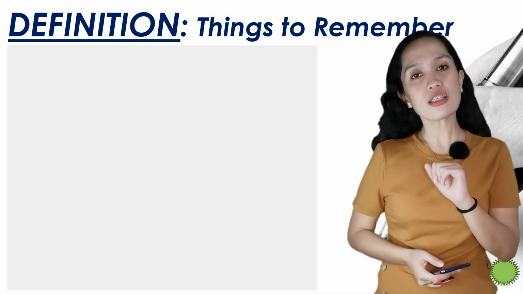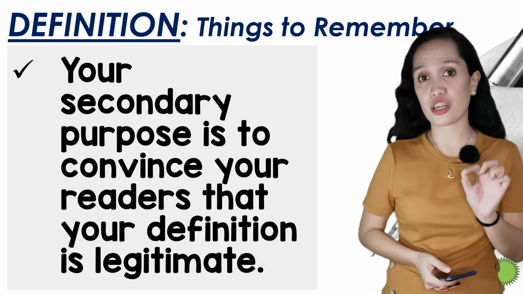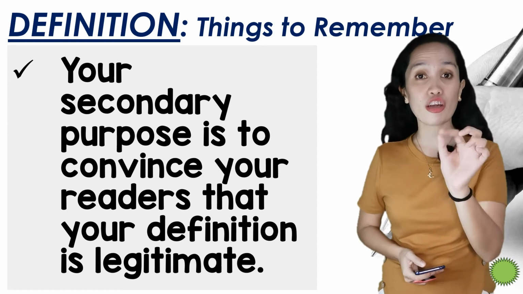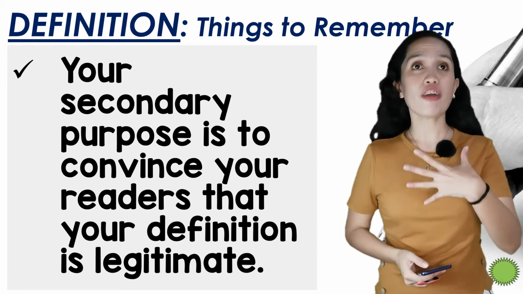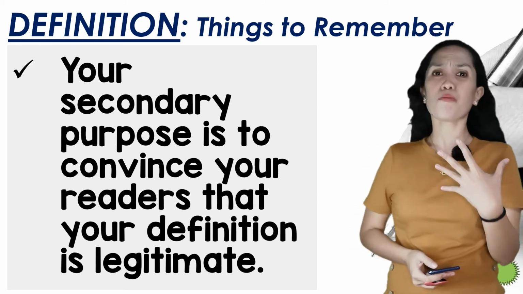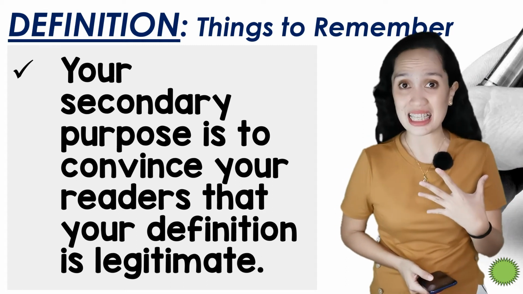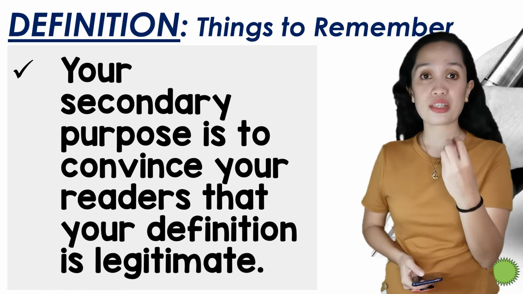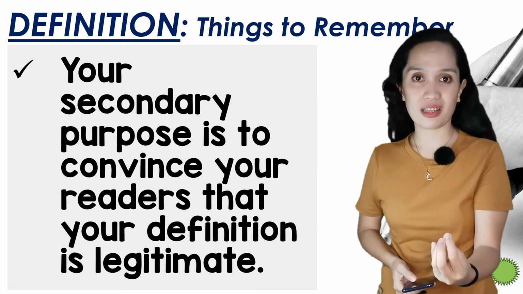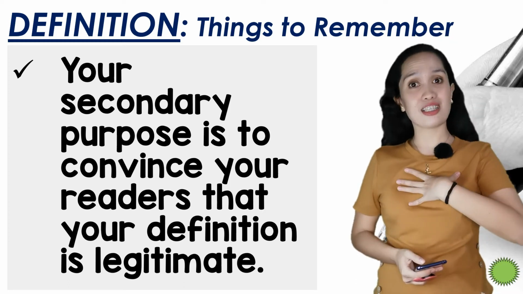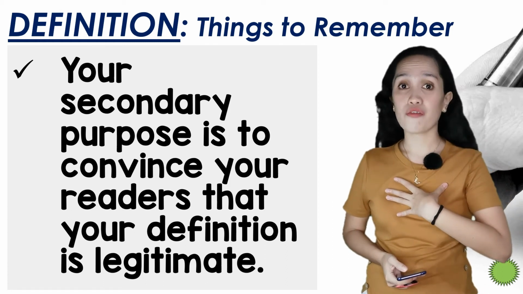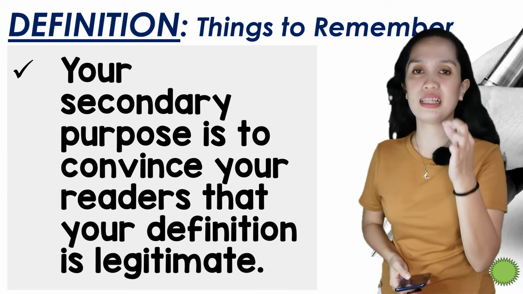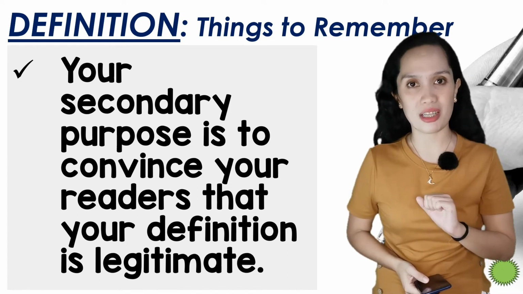Next. Your secondary purpose for definition as a pattern of development in writing is to convince your readers that your definition is legitimate. For example, my definition of love is the ability of a person to stay in a commitment. So that is my definition of love. The ability of a person to keep and stay in a commitment.